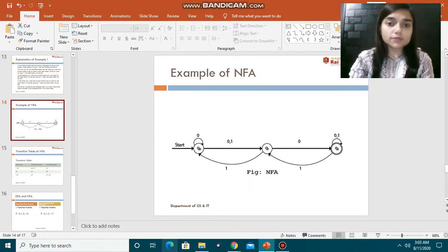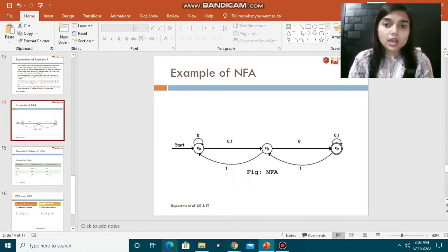From the transition diagram, what we have observed is that in Q0, on giving 0, it reaches either Q0 or Q1. Once again, I am explaining: on the state Q0, on giving 0, we reach either Q0 or Q1, and on giving 1, it reaches Q1.